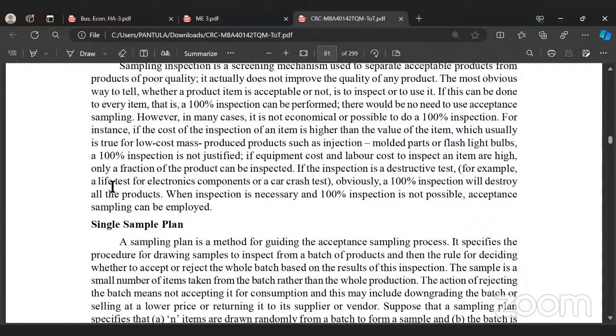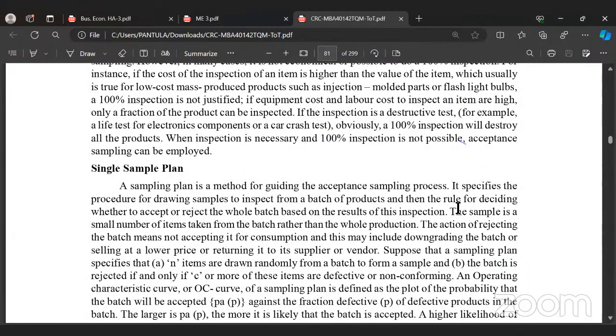For example, life tests of electronic components or car crash tests: 100% inspection would destroy all products. So when inspection is necessary but 100% inspection is not possible, we need to go with a sample.